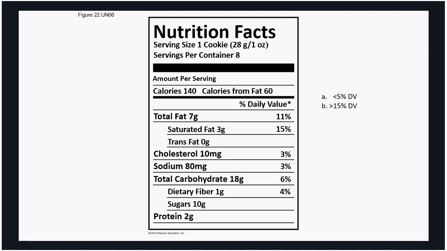Over here it has a couple of percentages. If you are wanting to watch your fat intake, say your saturated fat, things that you commonly want to reduce in your diet are sodium and saturated fat. You're going to want to look for options that have less than 5%. Ideally, you would like this to be less than 5%.